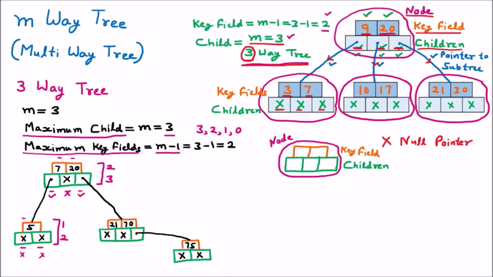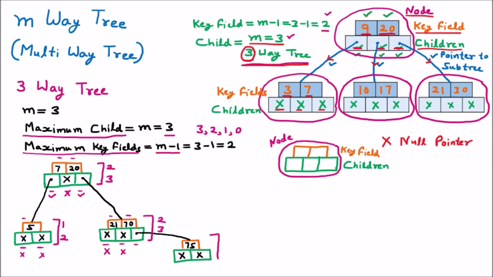Now if we talk about the next node, here we also have the provision of 3 children, 1, 2 and 3. So 3 provision of the child, that means 3 minus 1, 2. So 2 key fields we have attached. Although we have not taken the 2 children because no children are present, and we have connected one pointer which is going to the next node.